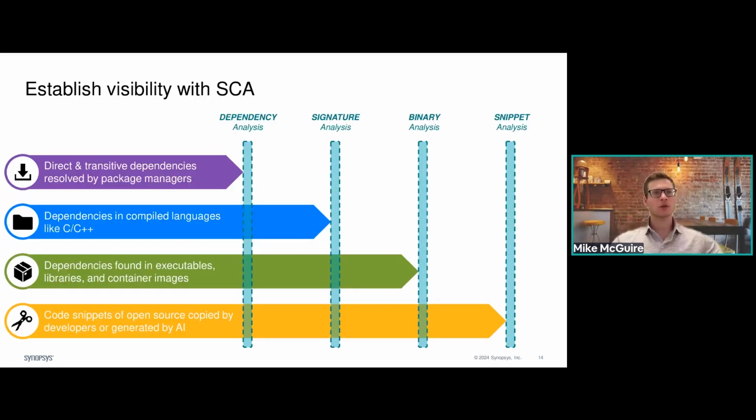All right, so let's dive in. Let's start with establishing visibility, right? And more specifically, establishing visibility with software composition analysis, because SCA was purpose built for this very reason, right? SCA goes all the way back when people were trying to keep open source out of their applications.